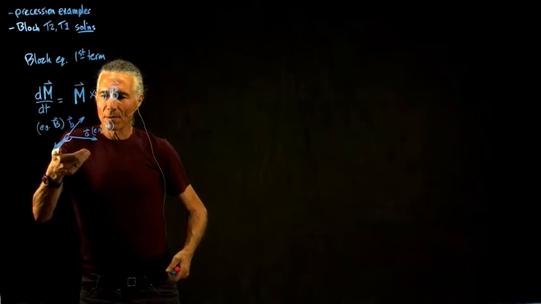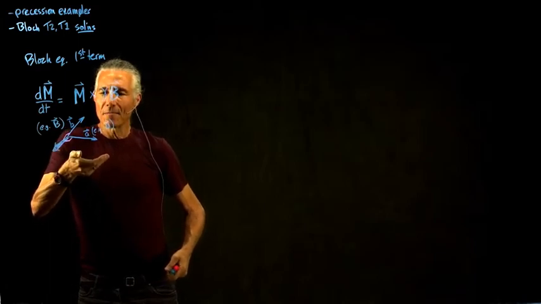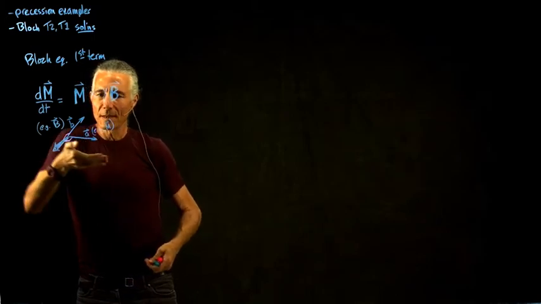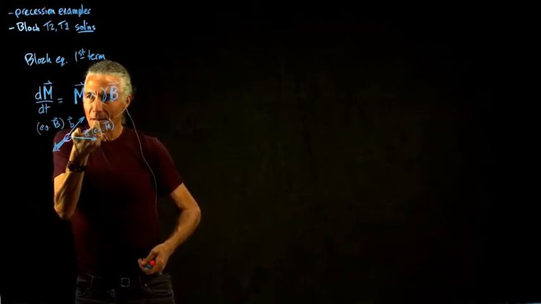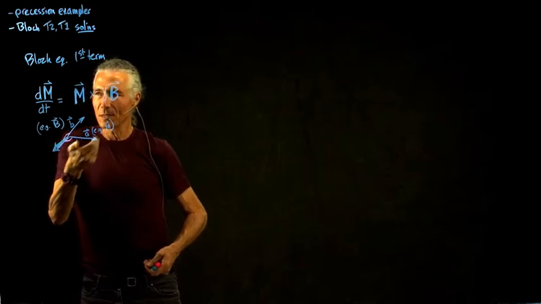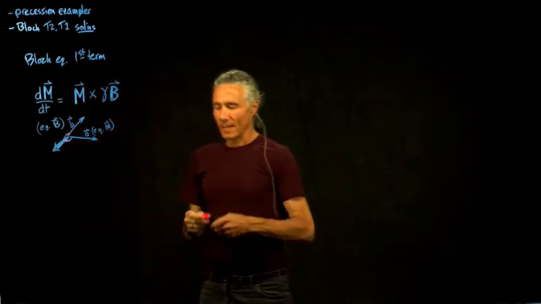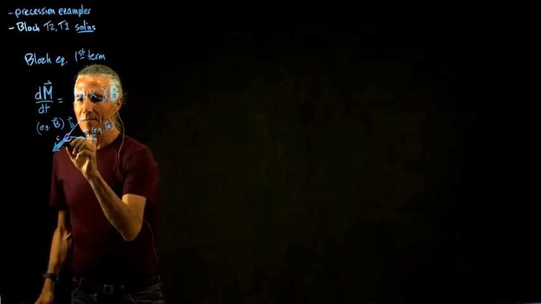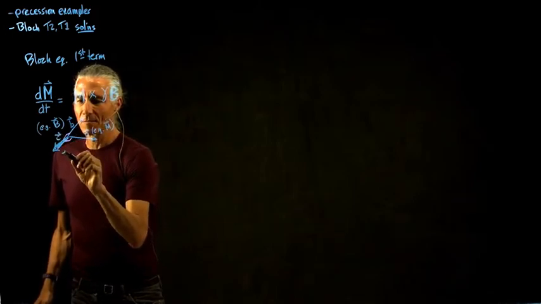You figure out whether it's in or out by sweeping your fingers from A to B, and your right-hand thumb tells you which direction that C vector is. So this is the C vector.